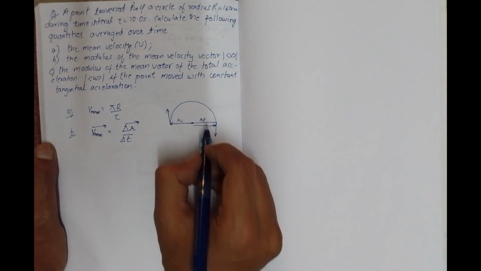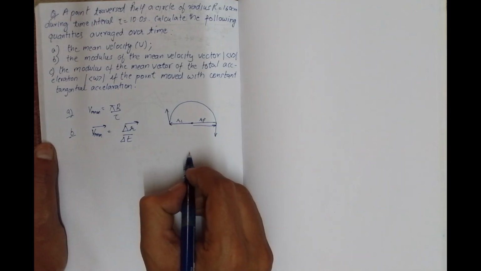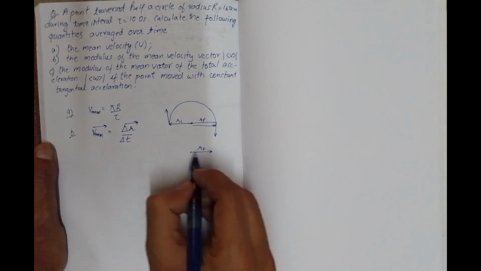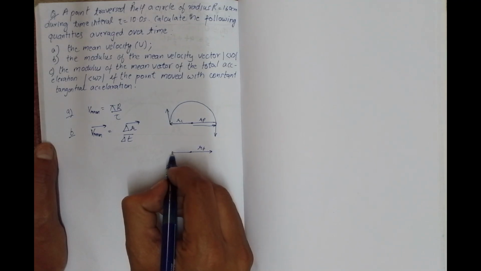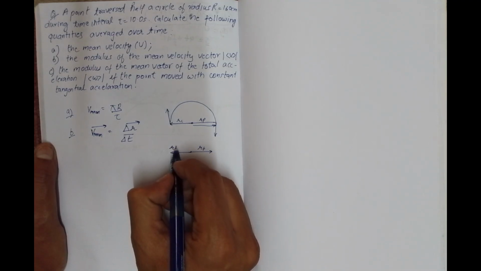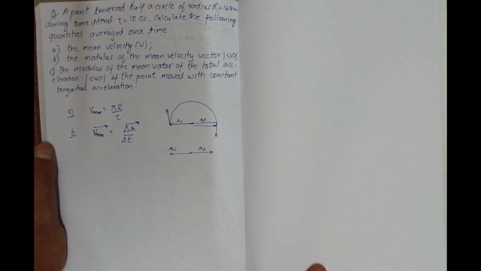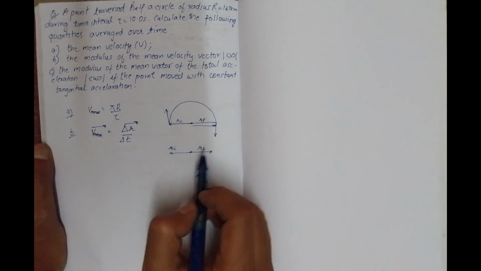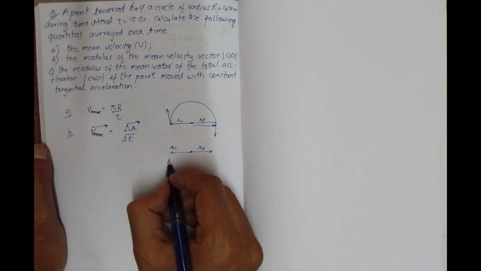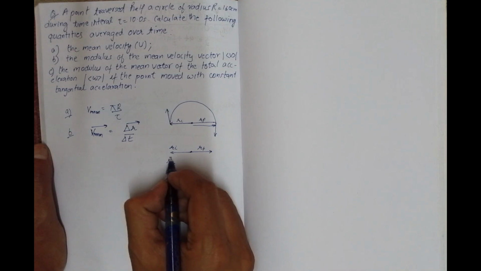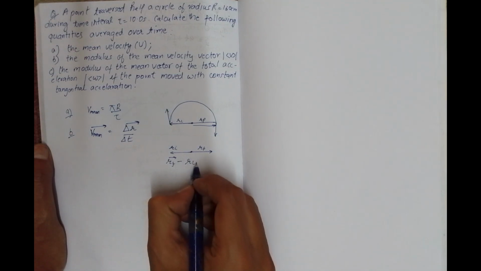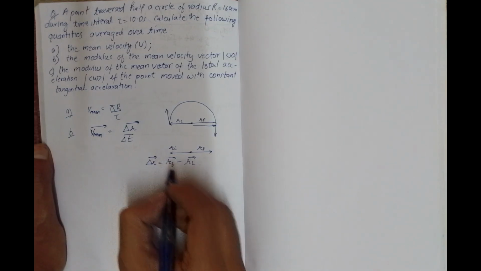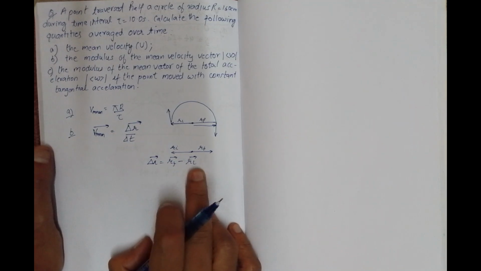If you take this as the point of origin, rf is this, ri is this, right? So what is the change in r? Rf vector minus ri vector. Right? Now what is Rf minus Ri?